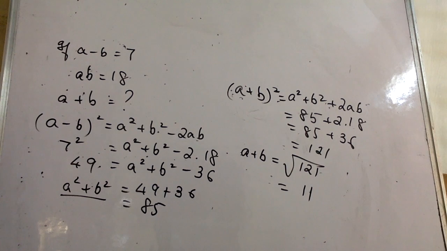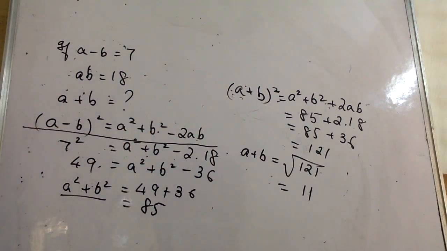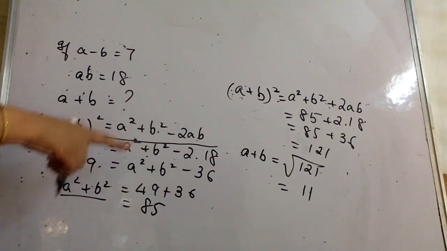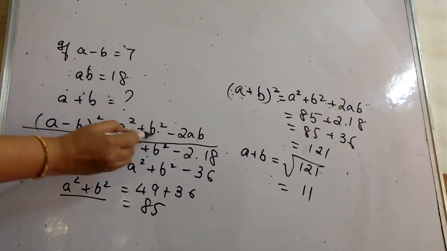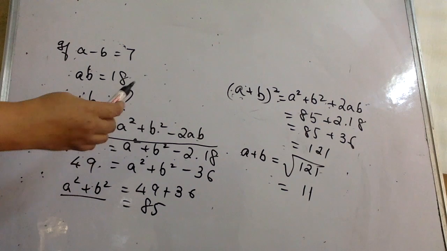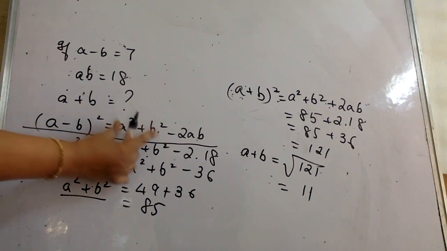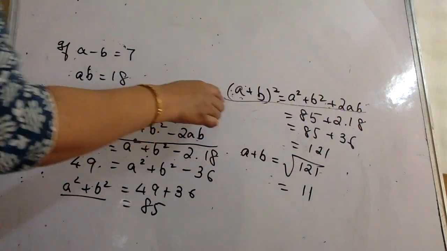Now what is very important in these sums is to write the identity like this, completely, and that too in a straight line. Then you will know what you have filled up and what is still remaining. So you have to fill up this, and don't write the b square after the 2ab. That is another reason for confusion. You have to see this a square plus b square together. Here also see how I have written it, in one straight line.